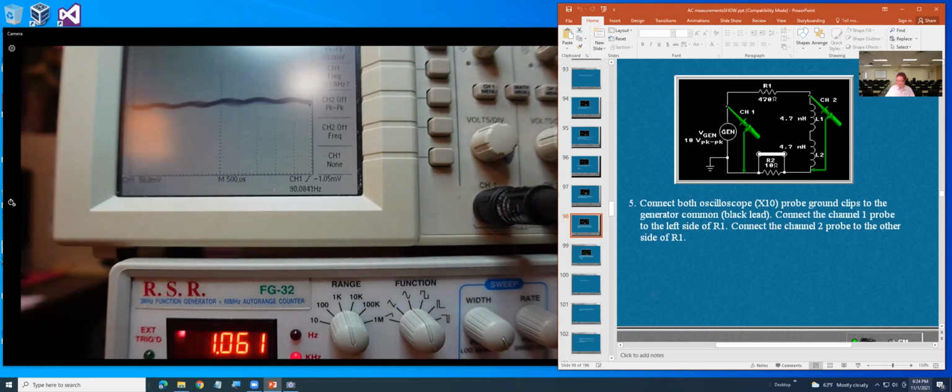Okay, so now I will connect that circuitry. Let's see, scope channel 1 will be the output of the generator, and the scope ground will be connected to the ground.